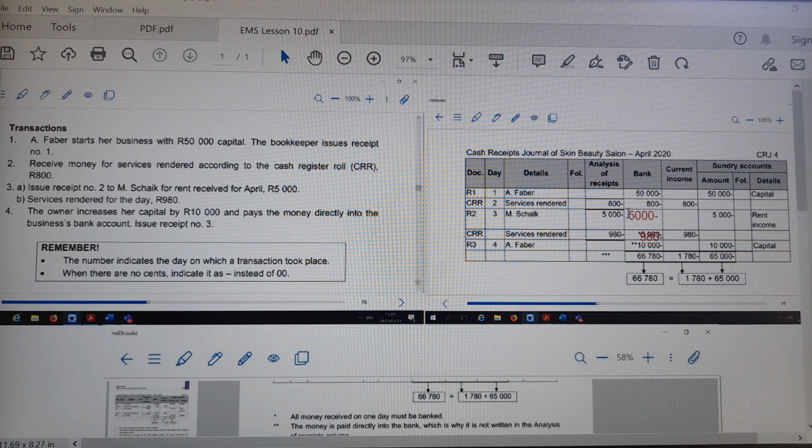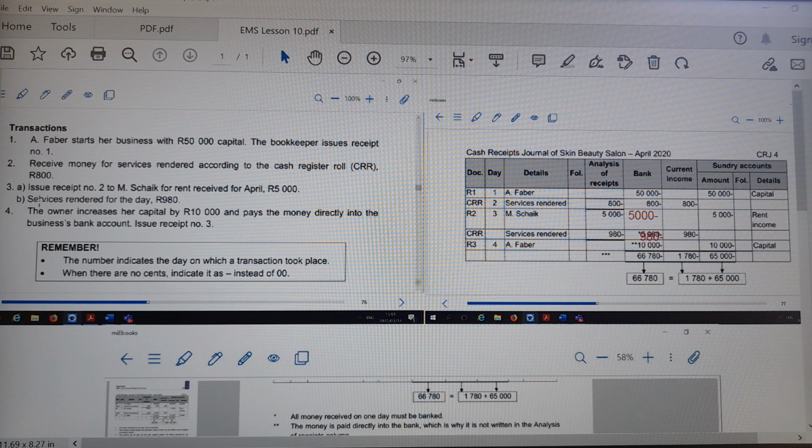You write it, I said to make your life easier, you write the 5,000. And because this is not current income, but it is rent income, we don't write it here. This column is only for current income. We can only write it in the sundry account, and in the details we put that it is rental income. And then we go to 3b, services rendered for the day, 980.